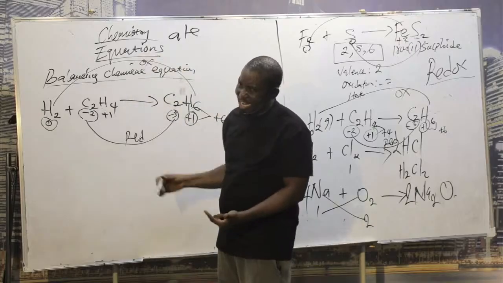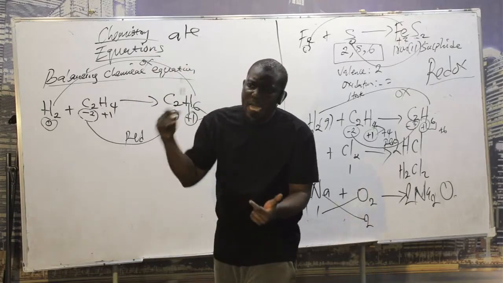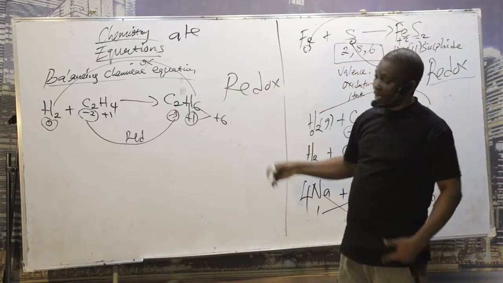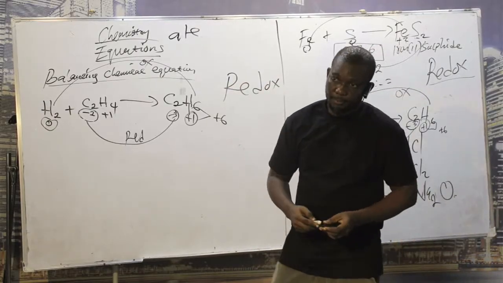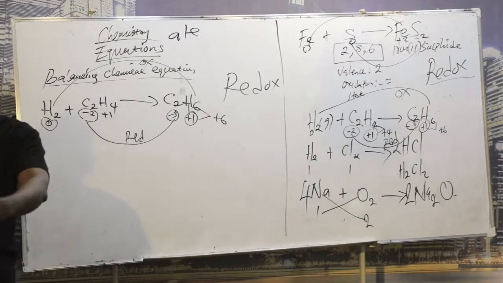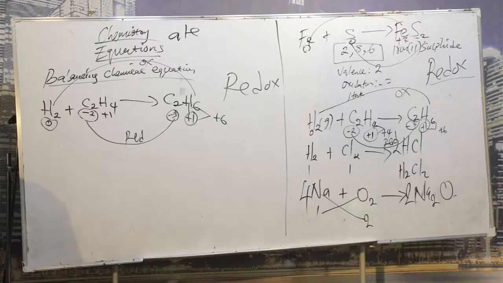So where oxidation occurs at the same time as reduction, the reaction entirely is called what? Redox. So the addition reaction of hydrogen with alkene is a redox reaction. Are you with me? It is a what? Redox reaction.